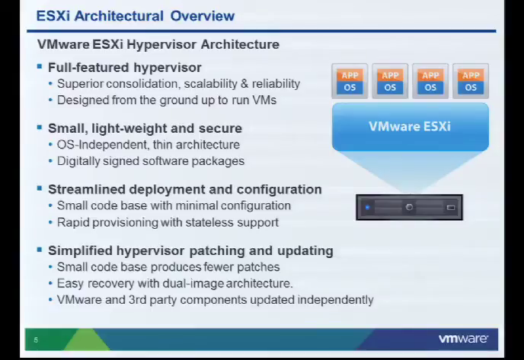The console OS did not play any part in the virtualization engine itself. Therefore, the console OS, when it was removed in the ESXi architecture, allowed us to go to a much simpler and leaner architecture, which requires much fewer patching and is therefore simpler and more secure by design.